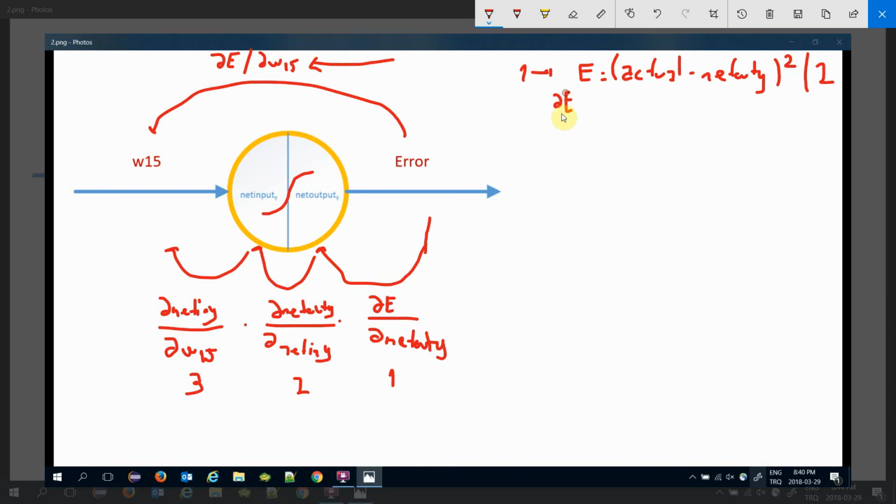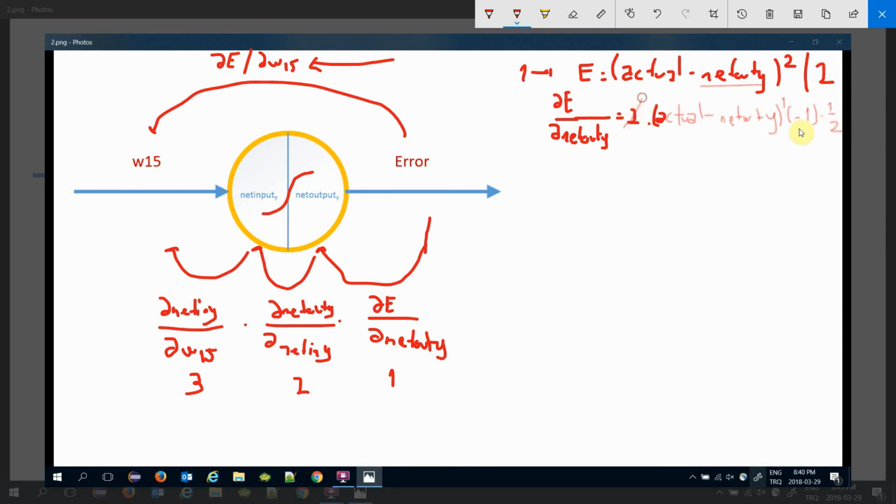Then the derivative of error with respect to the net output y would be: power 2 comes to the beginning, times actual minus net output y, power would be 1, and the derivative of the term in the parentheses would be minus 1, because the derivative of minus net output y would be minus 1, times 1 over 2.